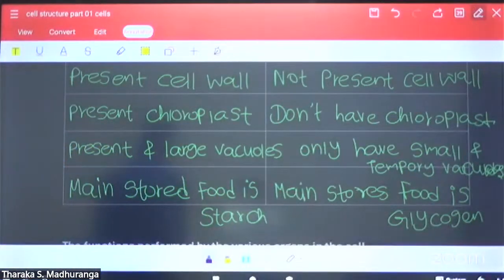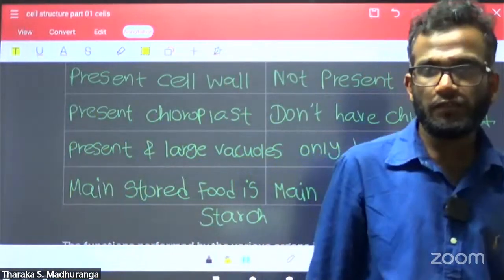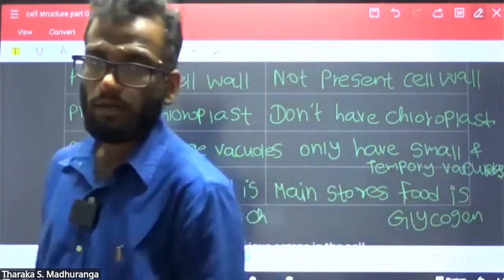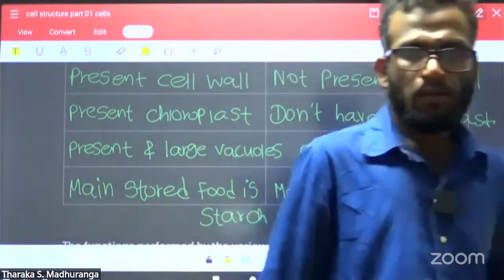In animal cells, the main stored food is glycogen, and in plant cells, the main stored food is starch. Okay, note down quickly.